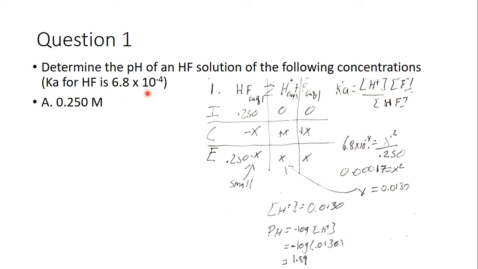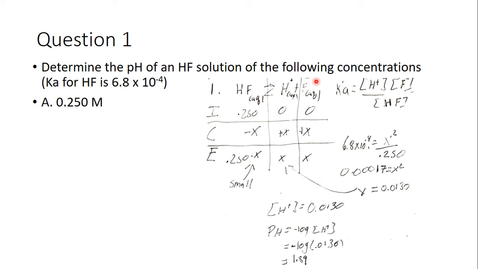Anytime we deal with a weak acid, and you will know if it's a weak acid if it has a Ka value. If it's a strong acid, it usually doesn't have this Ka value. So we have weak acid, HF goes to H plus F minus. That's my equation. And we write our Ka expression.